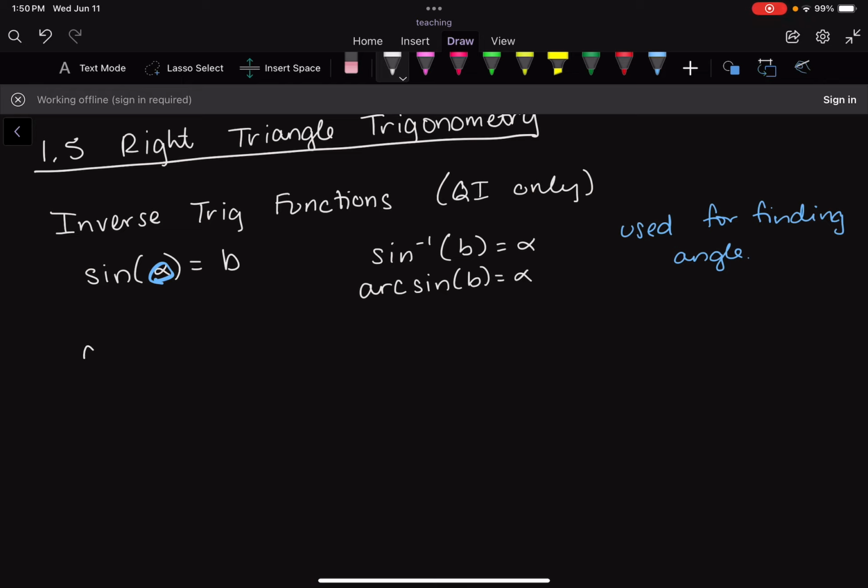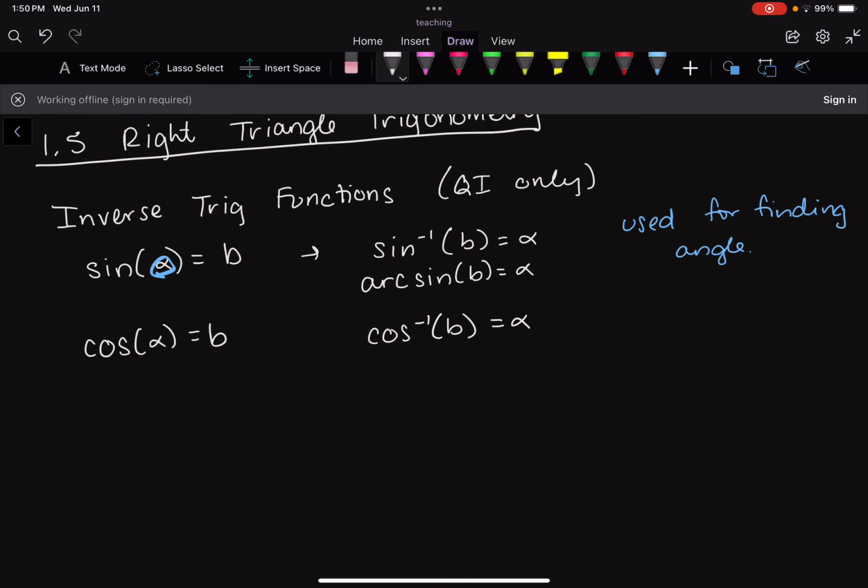And I could do this with any of the trig functions. So if I say cosine alpha equals b, what if I know b but I don't know alpha? Well, I can do cosine inverse of b and that'll give me the angle alpha. And I could do it with tangent as well. I mean, I could do it with all of them.